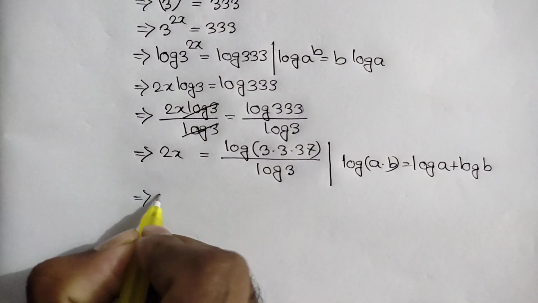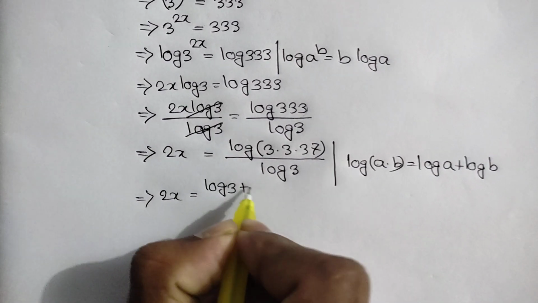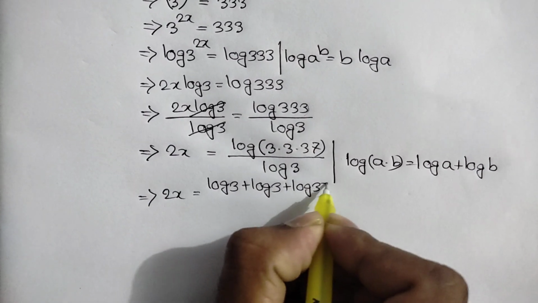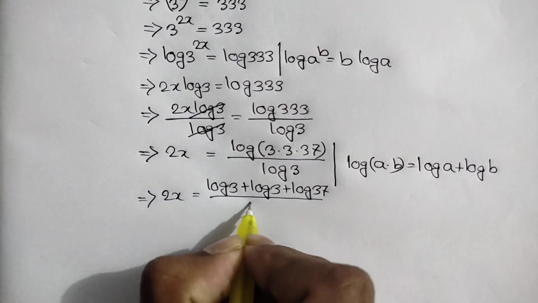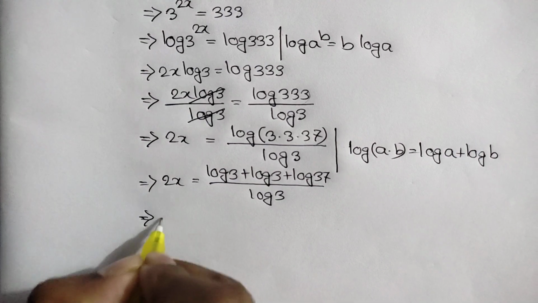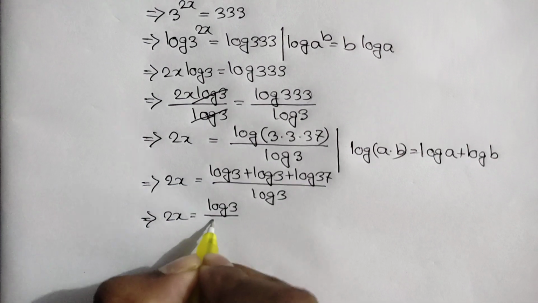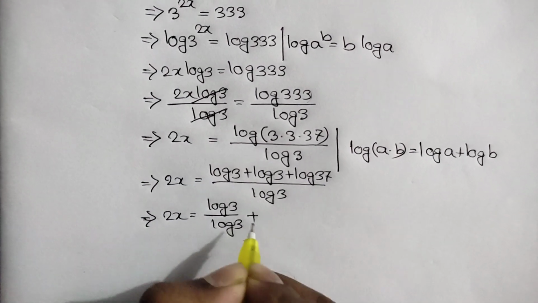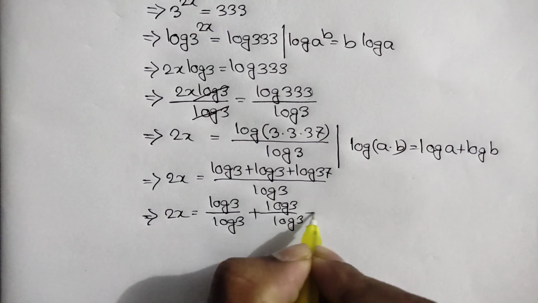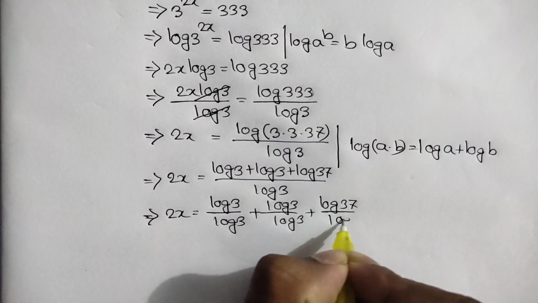So we can write 2x is equal to (log 3 plus log 3 plus log 37) over log 3, or 2x is equal to log 3 over log 3 plus log 3 over log 3 plus log 37 over log 3.